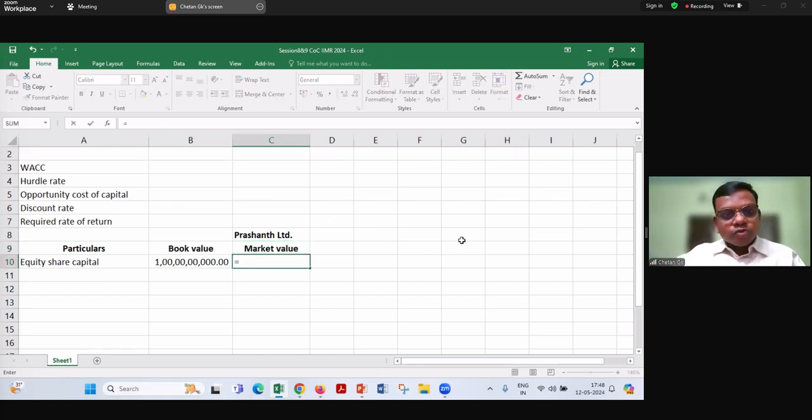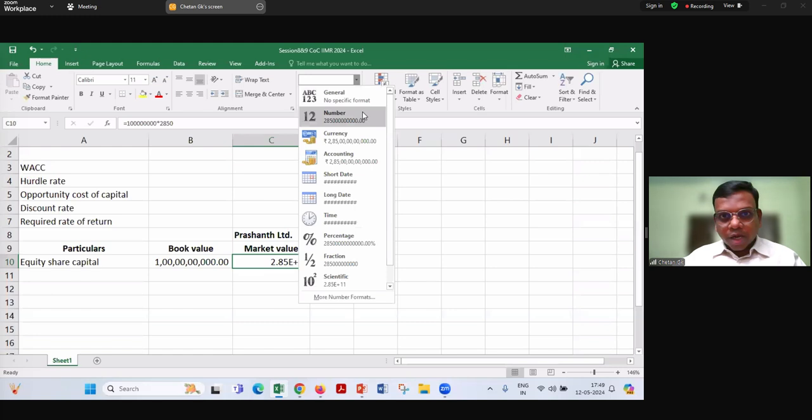So let us assume that the current market price, multiplied by the 10 crore shares, is 2,850. I am just assuming Prashant Limited's share price in the market is 2,850 and there are 10 crore shares outstanding. So how much is the total market value?